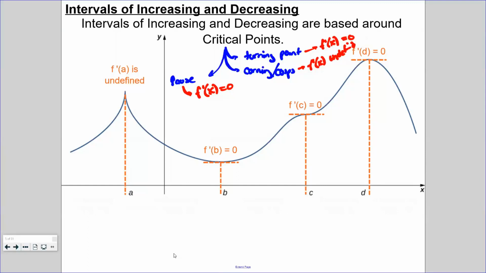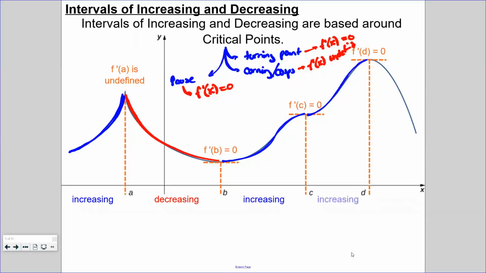So now we just need to figure out if it's increasing or decreasing. In this first section here, hopefully we can see that this part of the function is increasing. Between a and b, our function is decreasing. And then going from b to c, our function is increasing. And then going from C to D, our function is also increasing because we just took a little bit of a break.